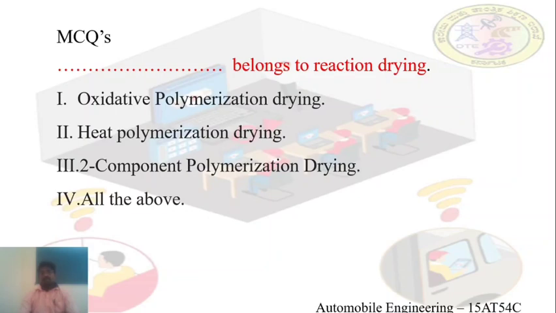In this video you already learned that the reaction drying method contains three types of drying process: oxidative polymerization, heat polymerization, and two component polymerization. So the answer for this question is option 4, all the above.